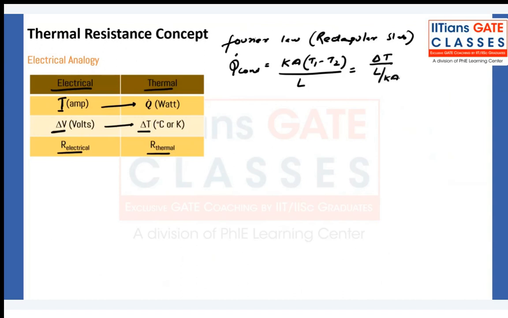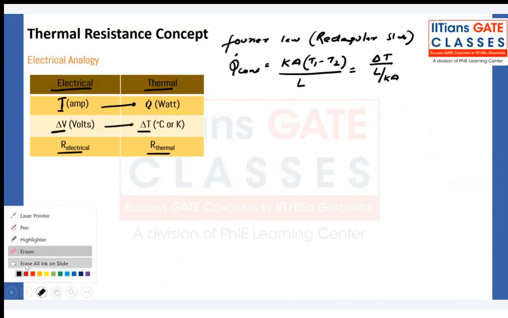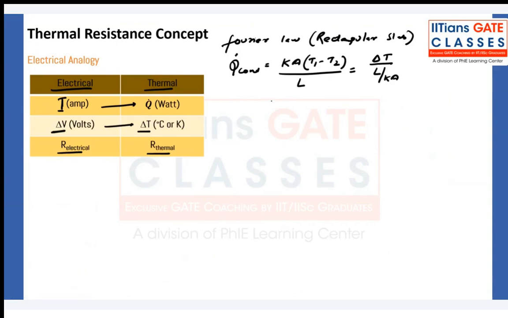So can I also write this as delta T upon Q conduction is equal to L upon kA?